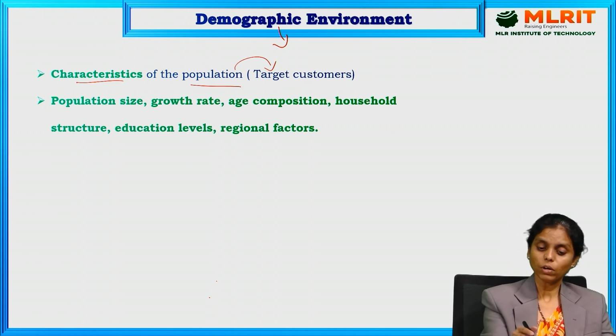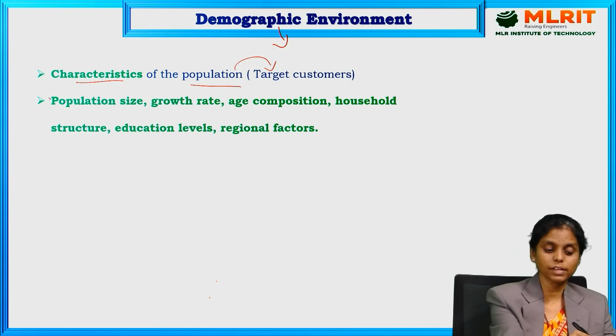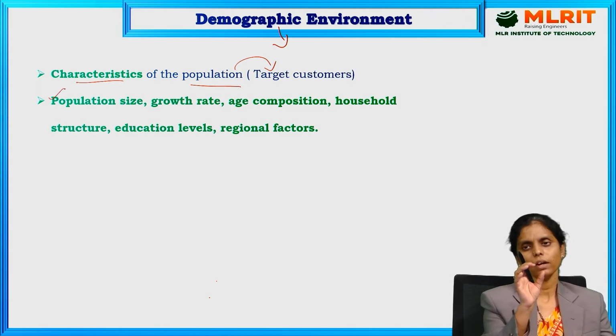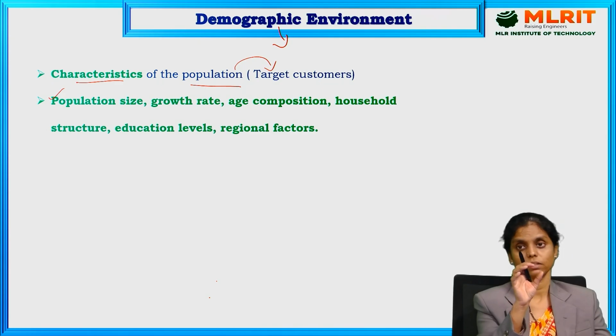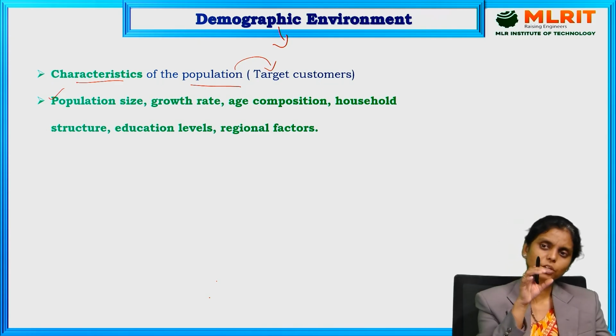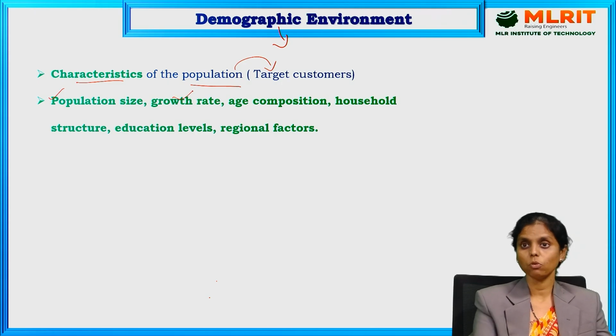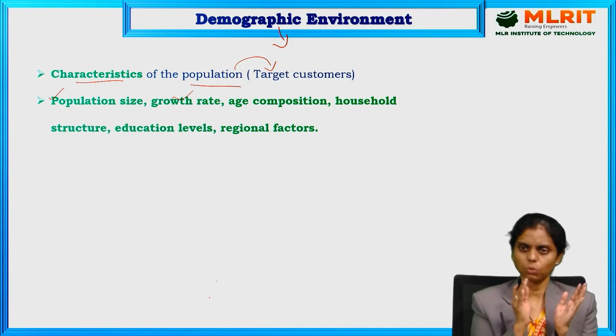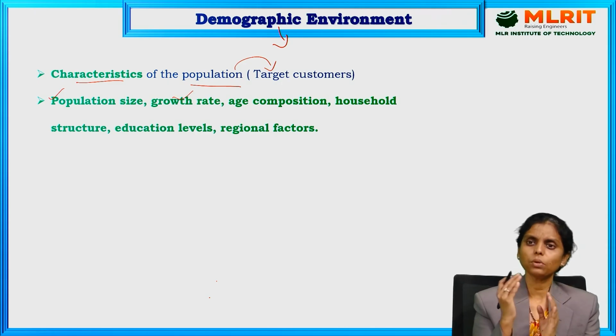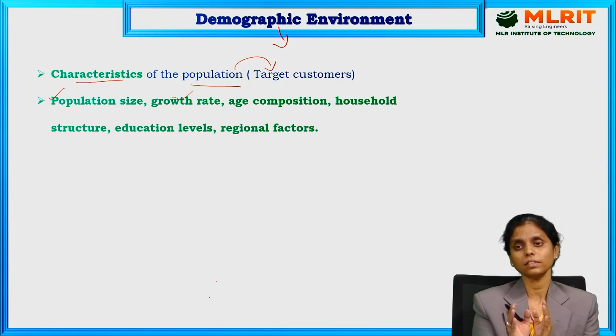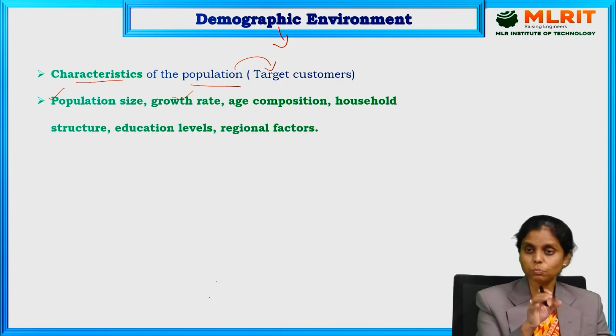Now what are these demographic elements? Characteristics include the size of the population. We are targeting, for example, newborn babies. How many such newborn babies will be present in that area? Growth rate. What is the possibility? That means how can we find out the growth rate? With respect to the time duration, what is the increase in the size of the population for that specific segment?